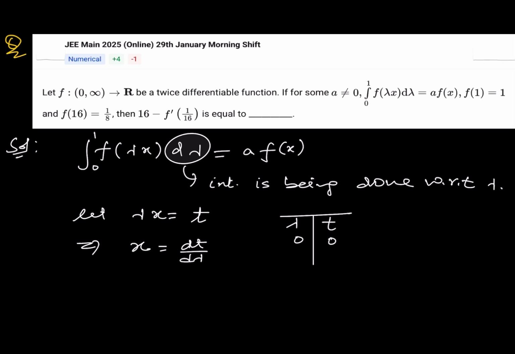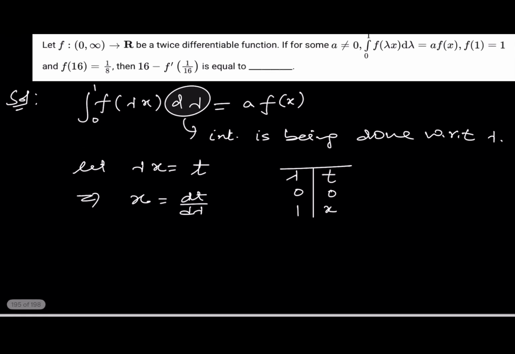If lambda is equal to 1, then t would be x, right? Now, the integral becomes within the limit 0 to x of f of t, and d lambda is dt by x. So I can write 1 by x outside and this is inside dt, which is equal to a f x, right?